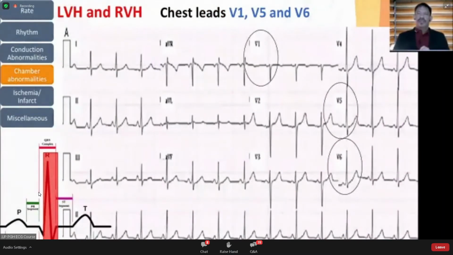Now we can also use the chest leads and the concept of association of V5 and V6 with the left side of the heart and V1 and V2 with the right side of the heart as we proceed with ventricular hypertrophies. Measuring the R and S amplitudes can identify hypertrophy. Estimating the axis, as you have learned in the lecture of normal ECG, also helps.